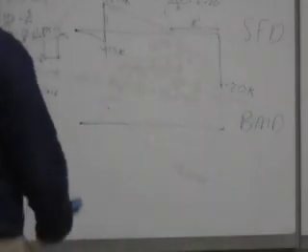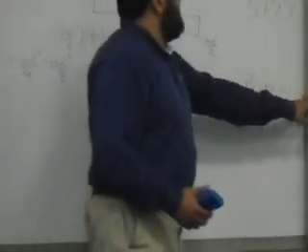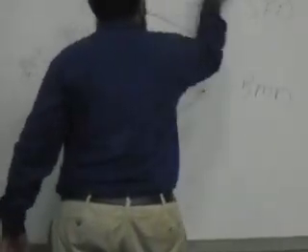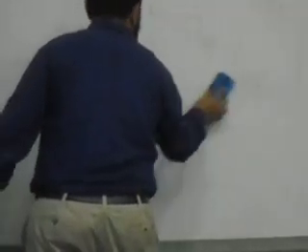So let me keep this for a while. Let me erase the symbols. So what's happening here is what? What I'm having is this thing and this thing like that.